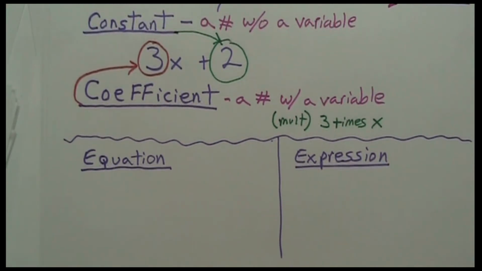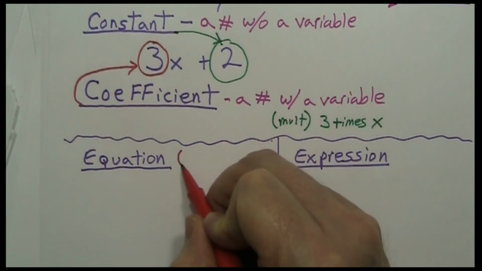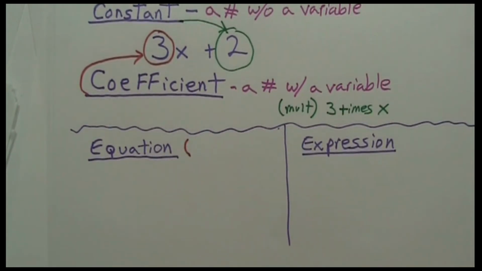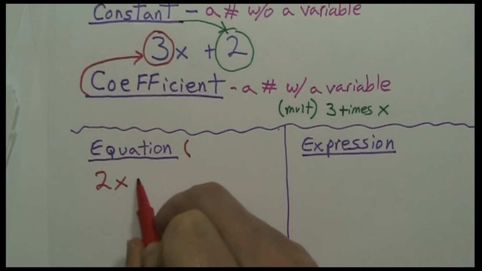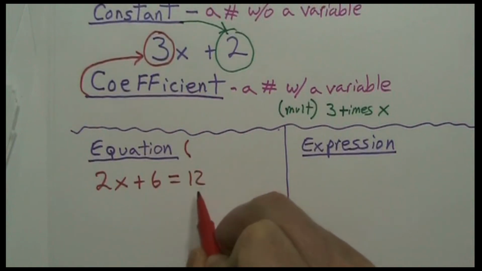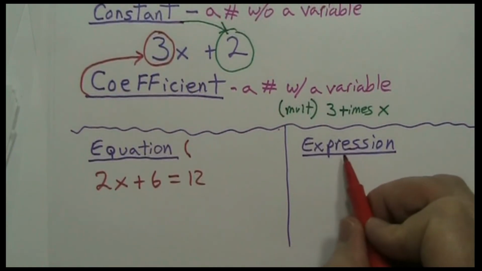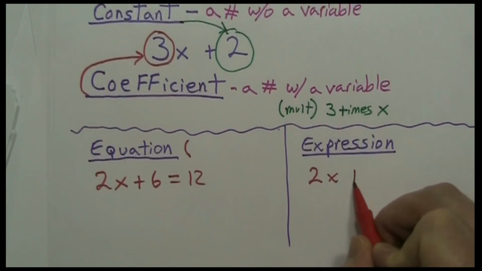So I want to show you the difference between the two of them. And it's basically this. An equation. Let me just go ahead and write one first. We have 2x plus 6 equals 12. And for an expression, just this, 2x plus 6.